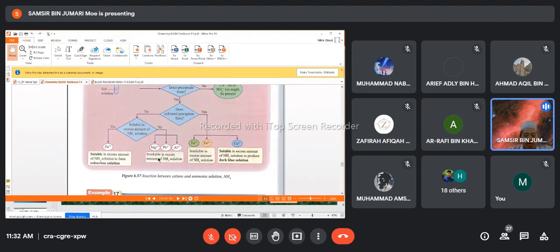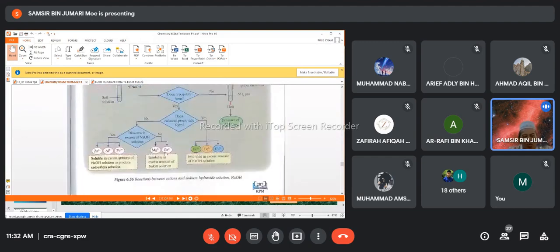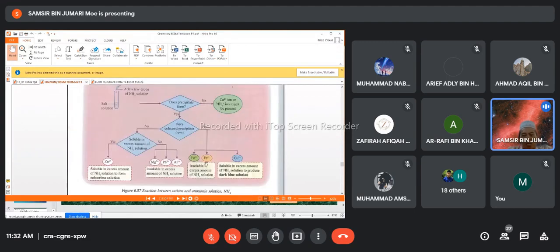Okay. And magnesium ion and calcium ion ini still cannot be determined or still cannot be identified by using the ammonia aqueous solution, because magnesium ion, aluminum ion, and also the lead 2 ion will form a white precipitate not soluble in ammonia aqueous solution, in excess ammonia solution.